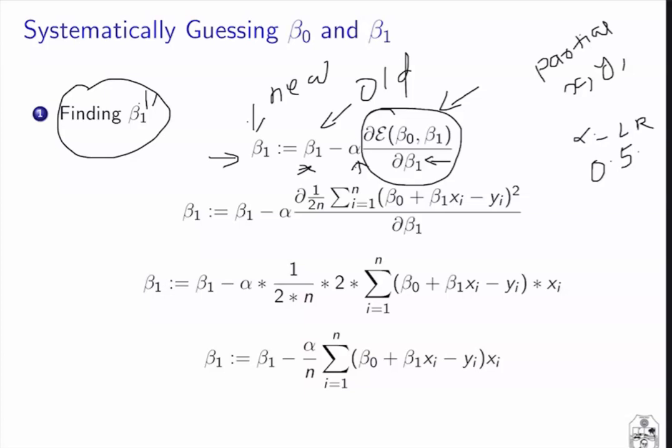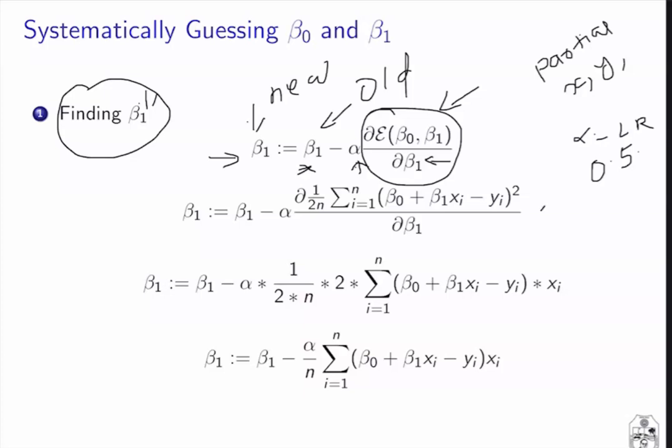Because the partial derivative gives the direction in which we want to descend, whether we want to increase or decrease the new value. That information we obtain from the gradient by taking the partial derivative. The partial derivative calculates the gradient, or the tangent, or the slope of the line.